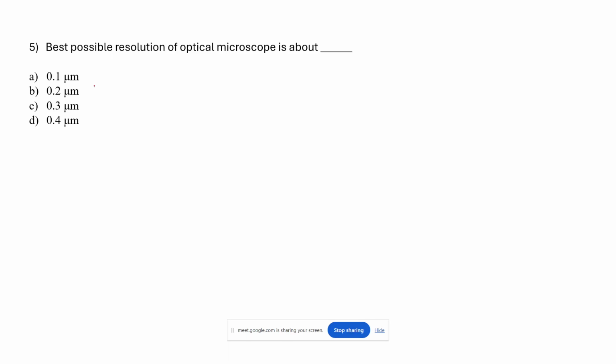Yeah, it is correct, because earlier it was less, but nowadays it is 0.1 micrometer. And if you want to go further, then you need to go from optical microscopes to electron microscopes, like the SEMs and TEMs kind of things.